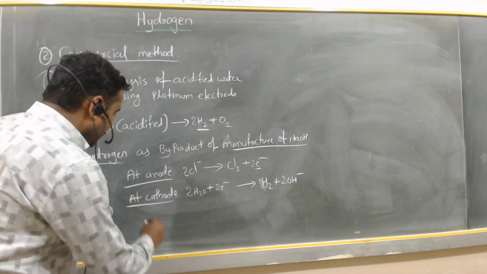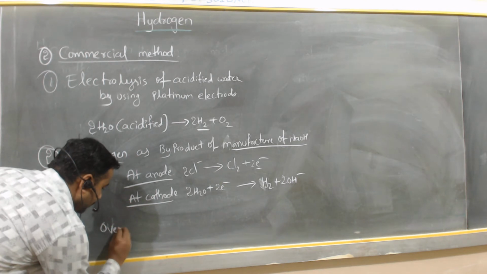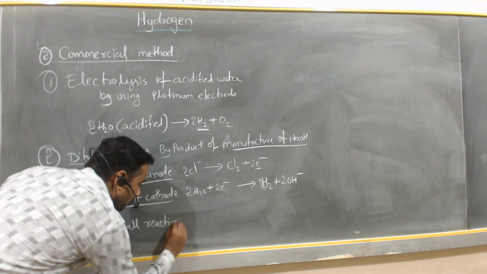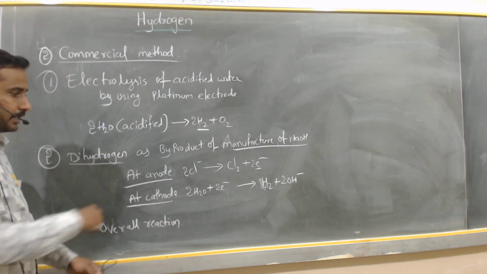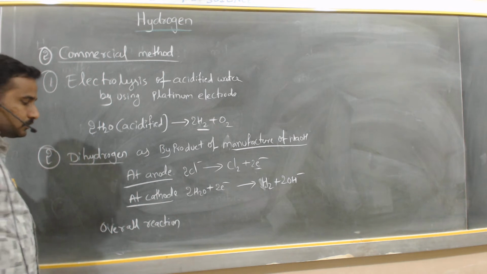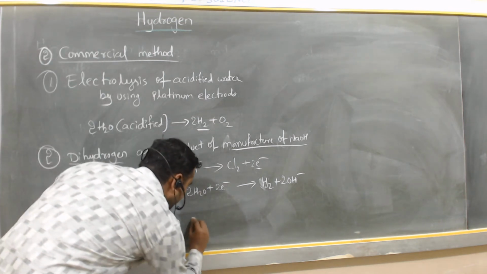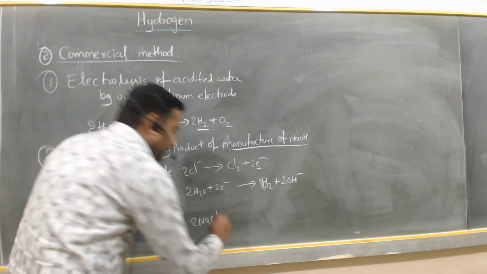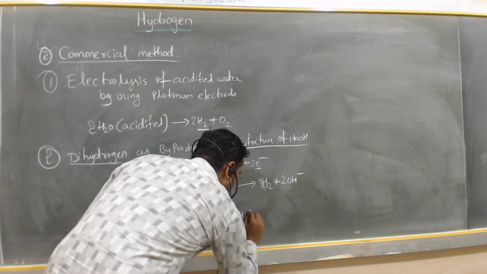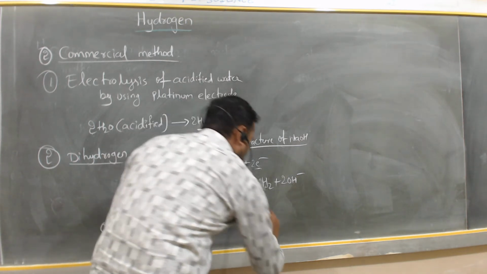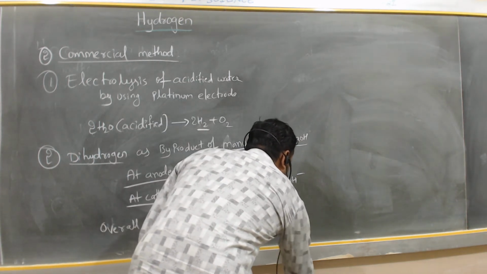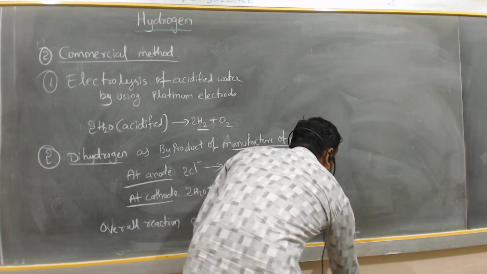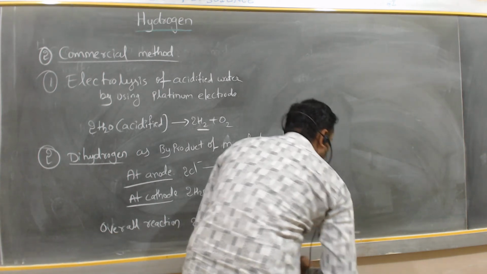Suppose you are writing the overall reaction. I will write one here. When you combine these two reactions, you get 2NaCl plus 2H2O giving Cl2 plus H2 plus 2NaOH, sodium hydroxide.